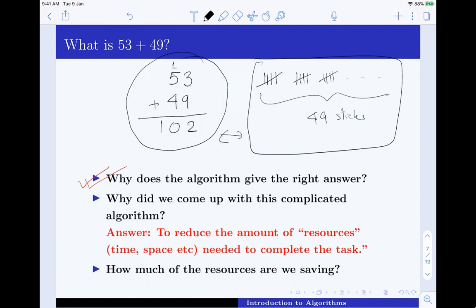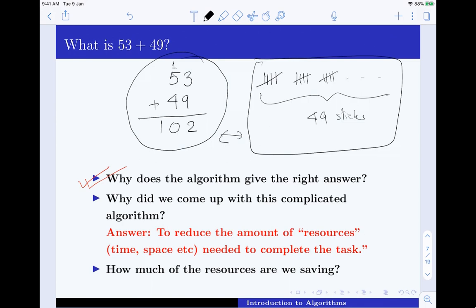So almost from the very beginning of our life, we were made to come up with algorithms for doing simple stuff like summations and so on, where the goal was to reduce the amount of resources used.